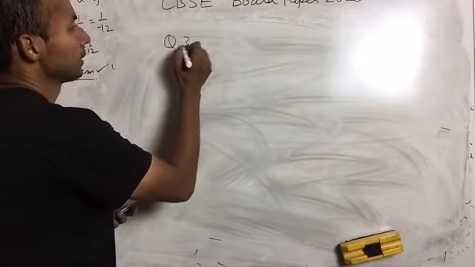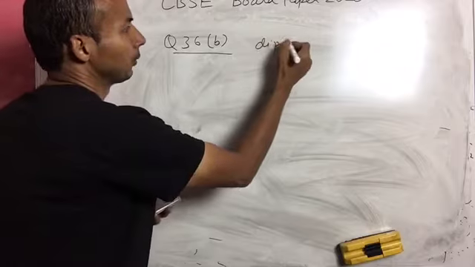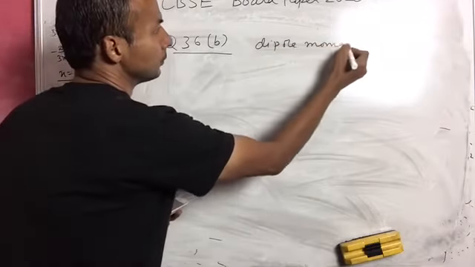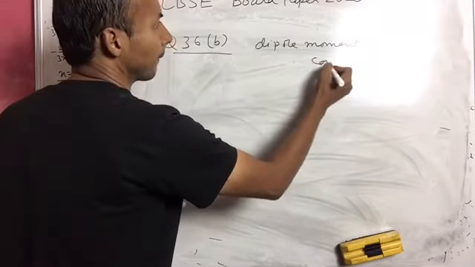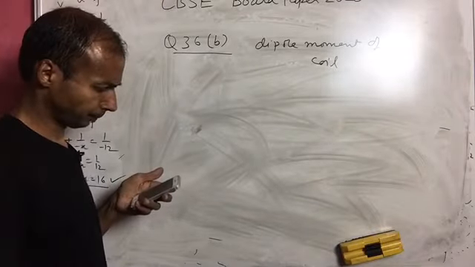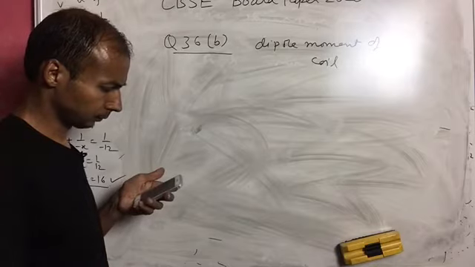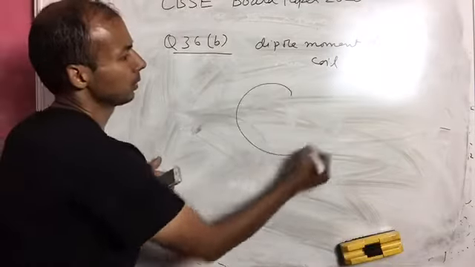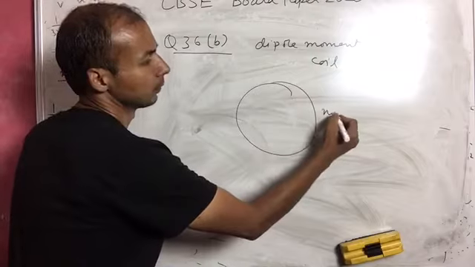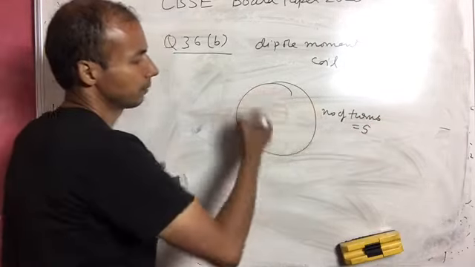Question 36b, dipole moment of coil. So it says that there is a circular coil, number of turns is 5, so there are 5 turns.